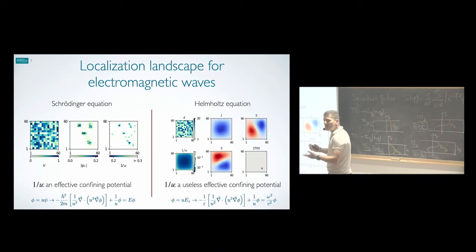We are much more interested in describing, with the strategy of localization landscape, the complex localized modes. But the localized modes in this case are not at low energy where we can easily measure the minima, but the localized modes at high energy. And so okay, we have a landscape, but it's not very interesting.